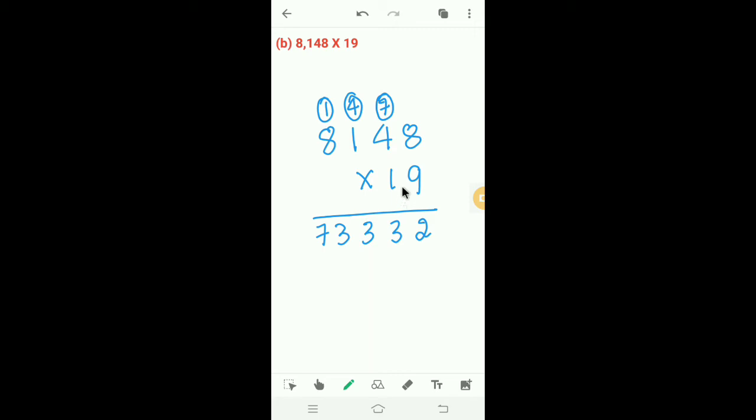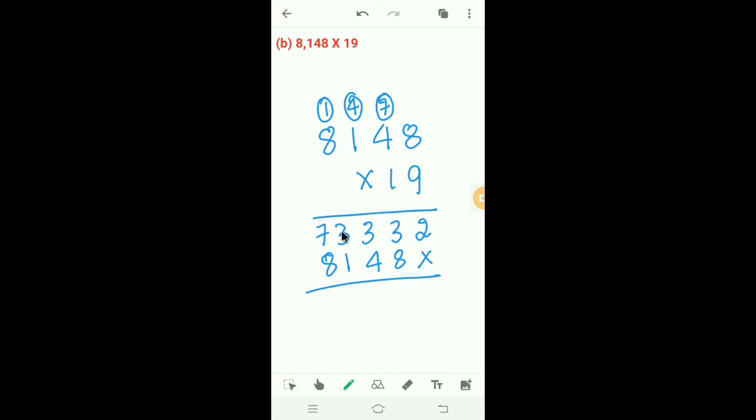Before multiplying with the tens digit of the multiplier, write a multiplication sign in the ones place. Next we should multiply 8148 by 1. 1 eight is 8, 1 four is 4, 1 one is 1, 1 eight is 8.